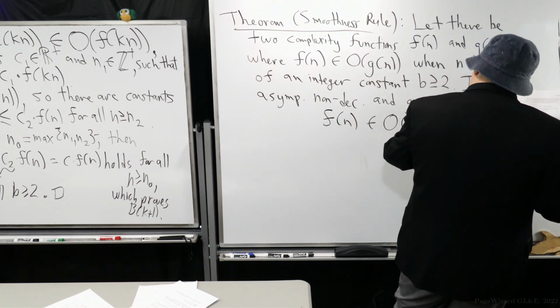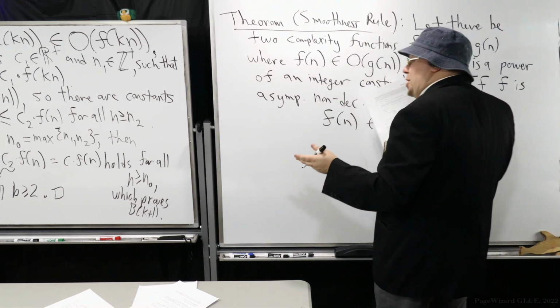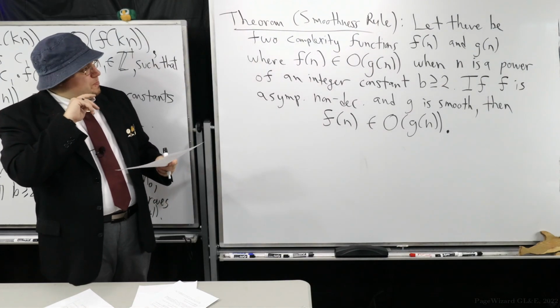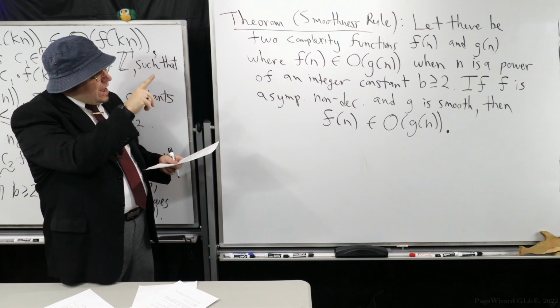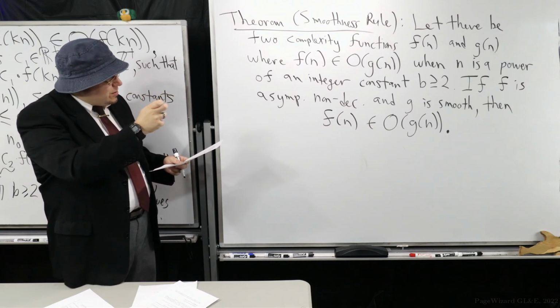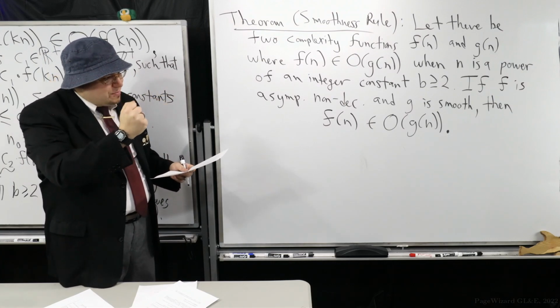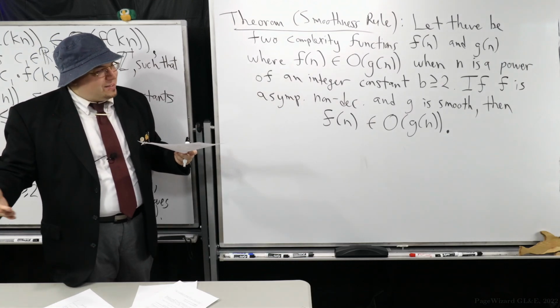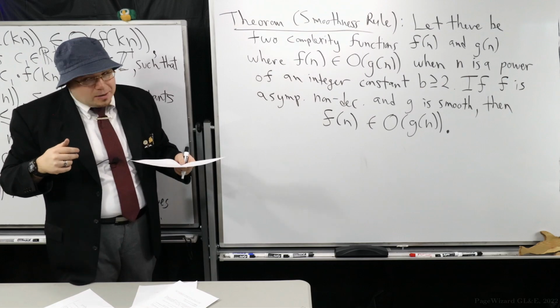That's one possible smoothness rule. So what we have at our disposal is that f is asymptotically non-decreasing and that g is smooth. And we know this is true for certain values of n, in this case, that n is a power of b.